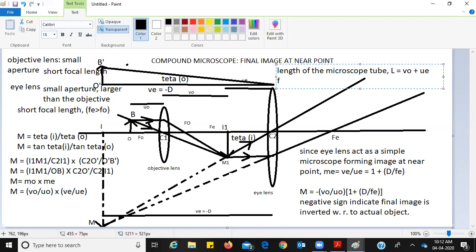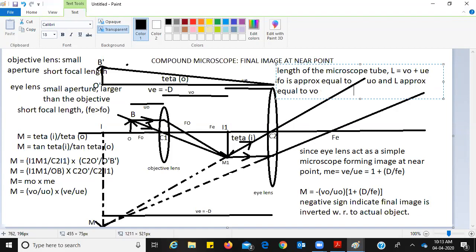So FO is approximately equal to UO, or you say UO is approximately equal to FO. Means I'm going to change UO as FO and L is approximately equal to VO. It's not correct, it's just an approximation to get the final answer with constants.